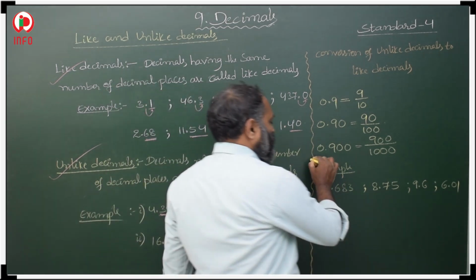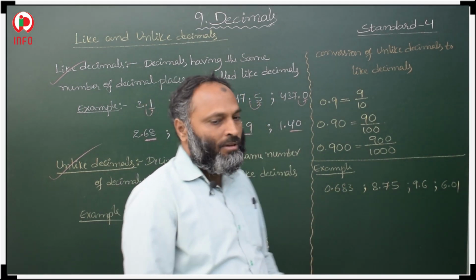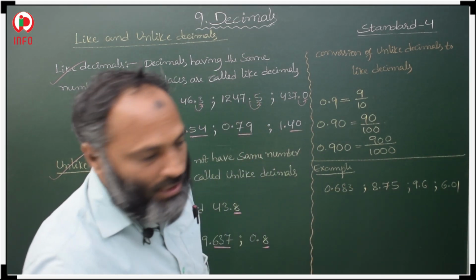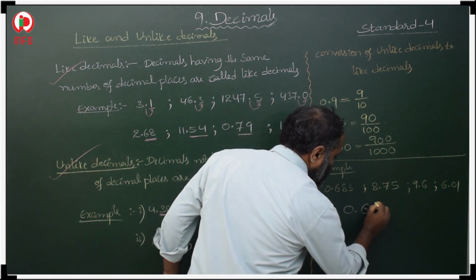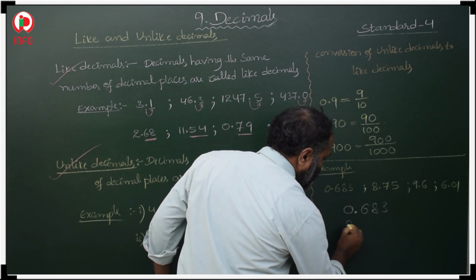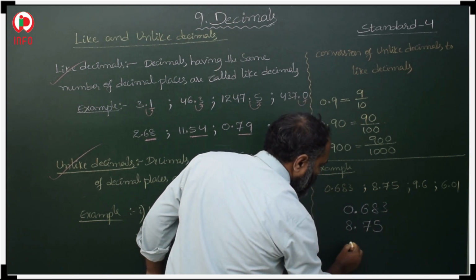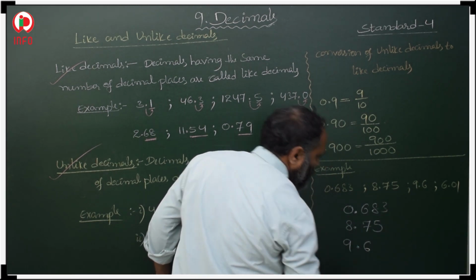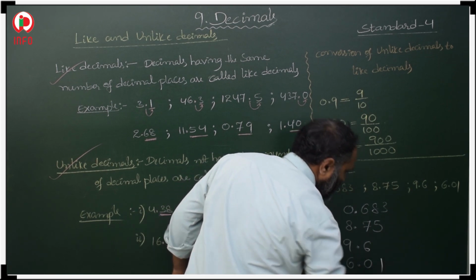If these types of values are equal, then how do we convert these decimals into like decimals? See here, the first decimal is 0.683, the second decimal is 8.75, the next decimal is 9.6, and the third decimal is 6.01.